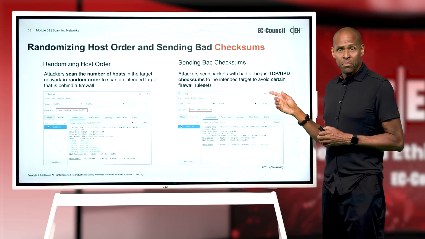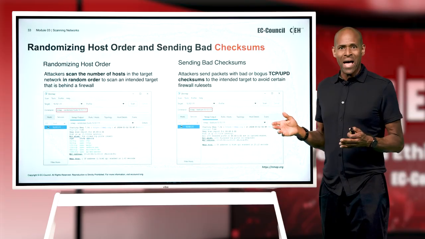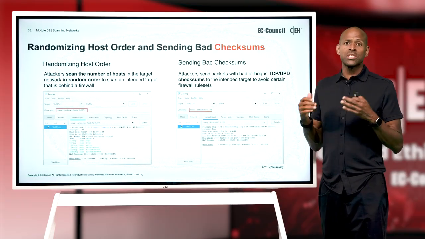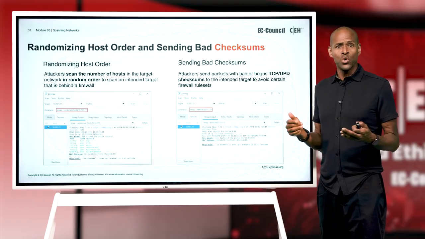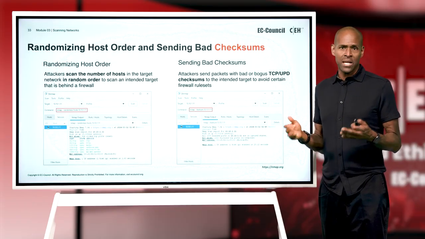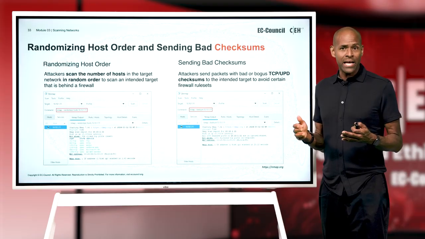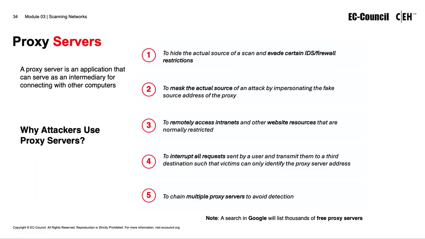If there's a bad checksum, and we're going to see this come up over and over again, by the way, then it will stop examining that communication because it assumes that it's going to be dropped and it's a bad communication. But it's a fake bad checksum. It makes it all the way through and we can scan the host. So in this case, we use --badsum to make that work. All right, so we have bad checksums, we have random order.